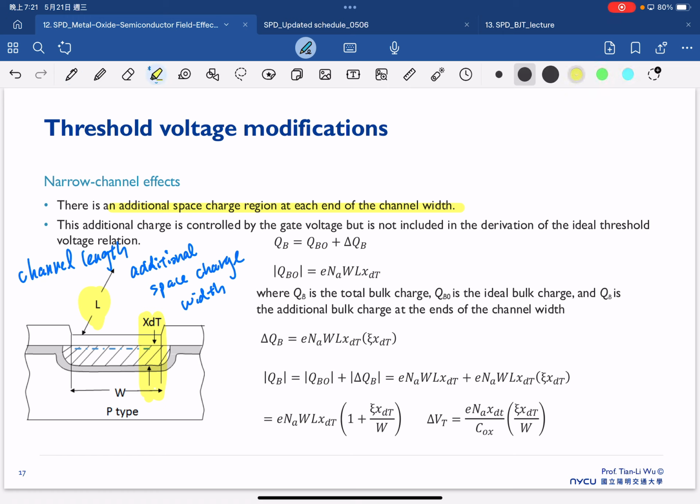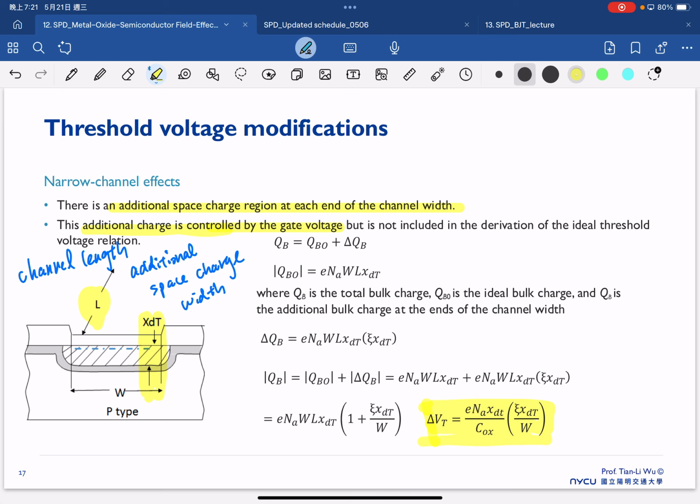This additional space charge is controlled by the gate voltage, but it's not included when we calculate the threshold voltage relation. So again, it's not a key point for the derivation. I will just go straight to the conclusion, where we can see the threshold voltage is also influenced by the different W here.